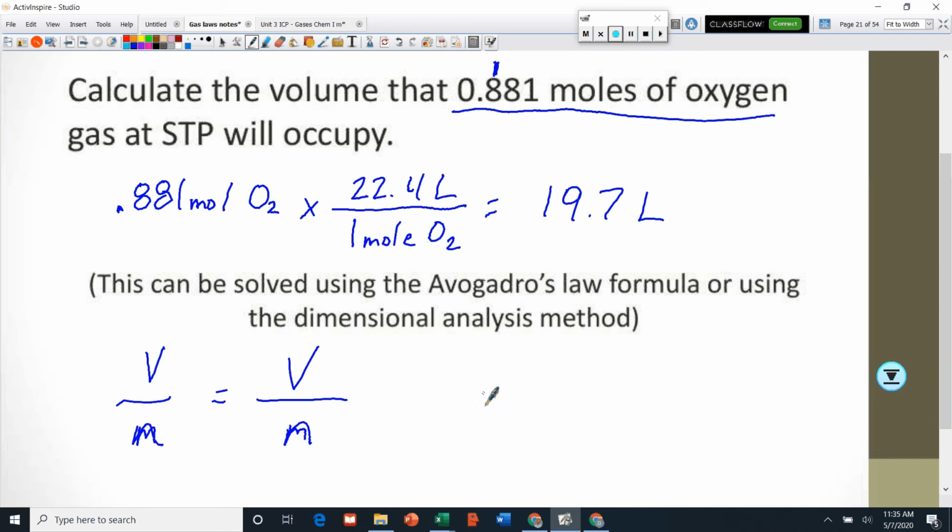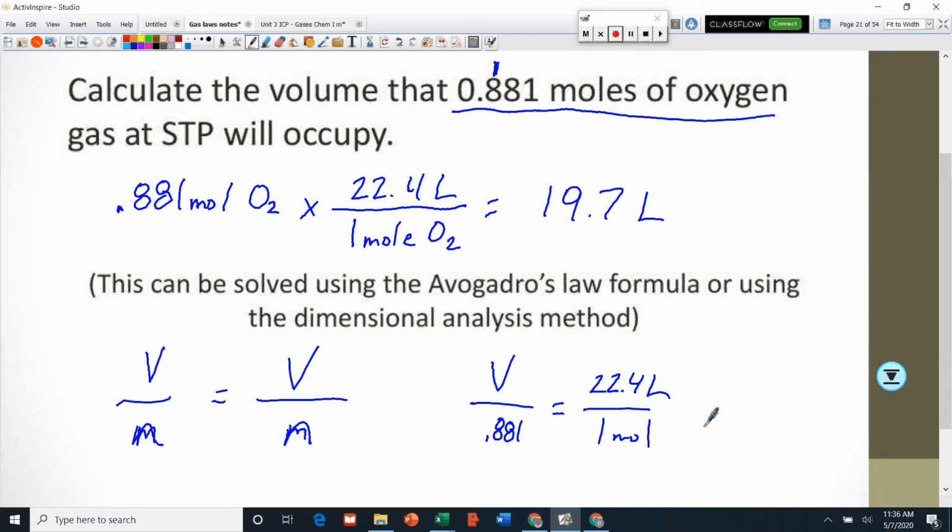So what we're actually saying here is, what volume would 0.881 be if we had 22.4 liters and 1 mole.